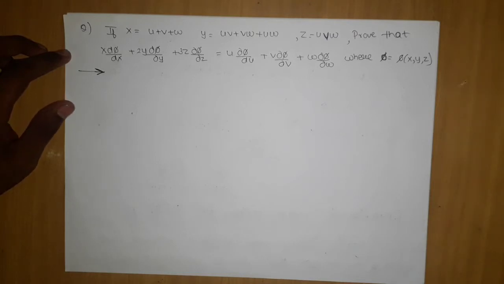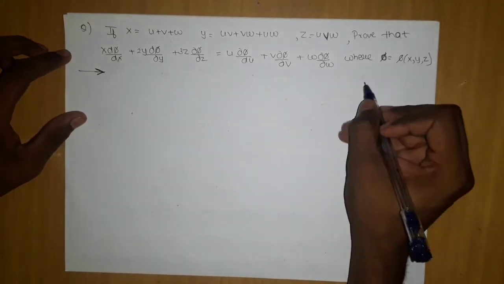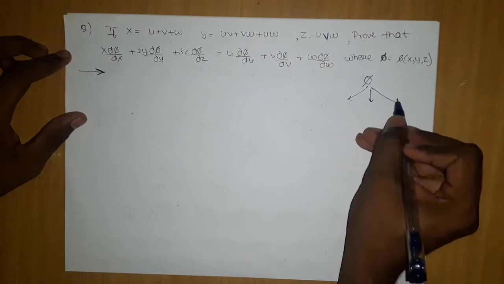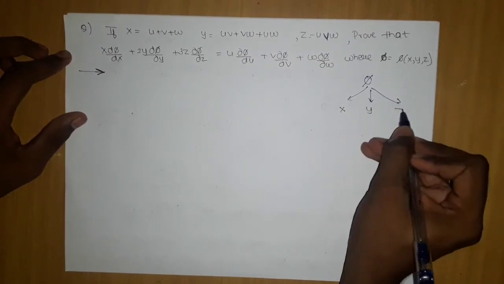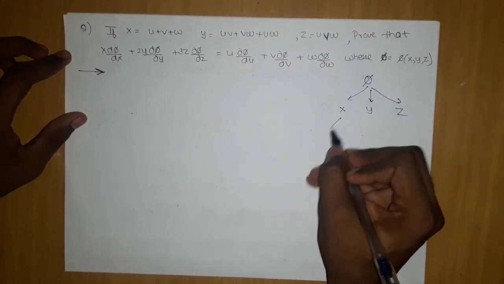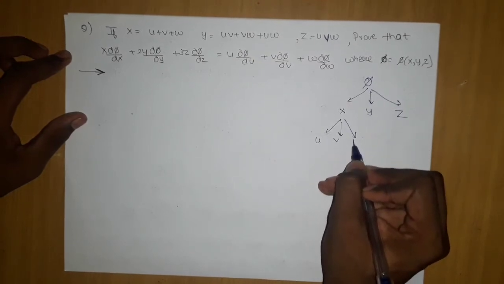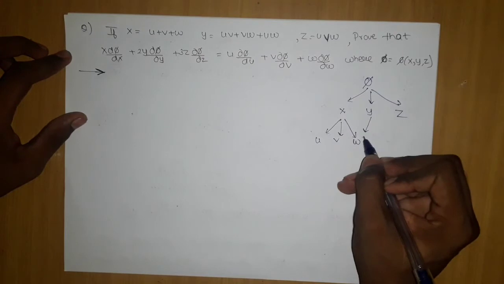So indirectly, if we plot a chart, our central function is φ, which is broken up into three things, x, y, z, which is further broken up into u, v, w, like the first example which I took while explaining the chain rule.